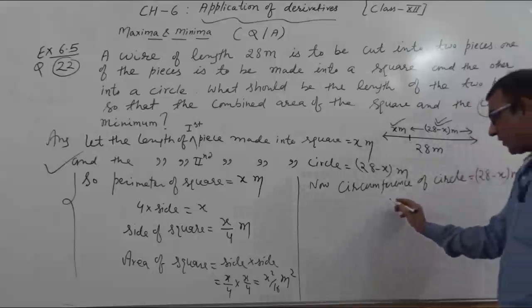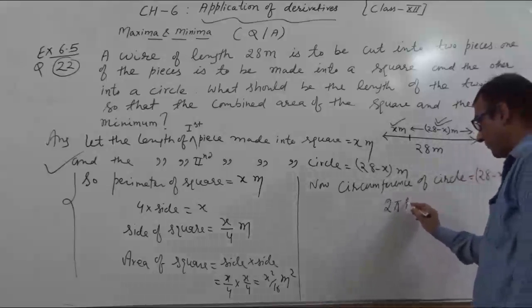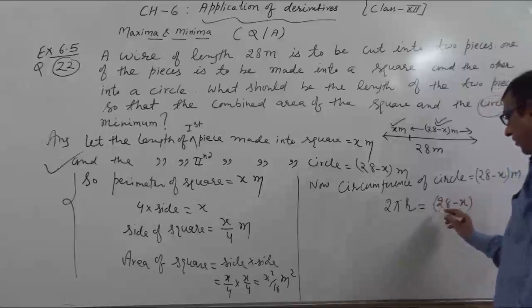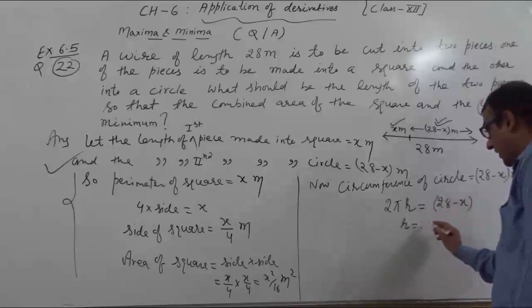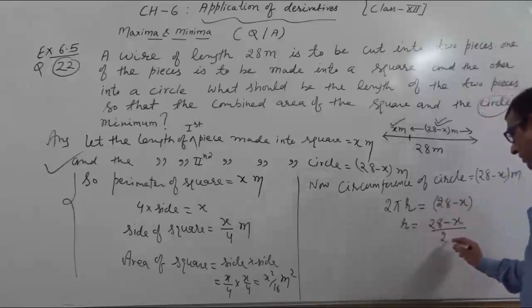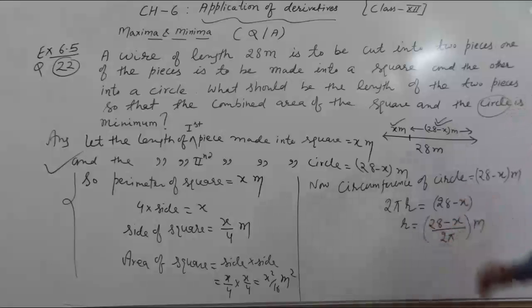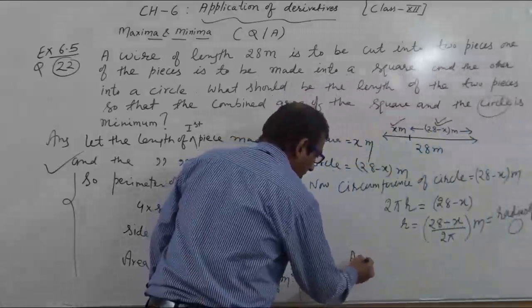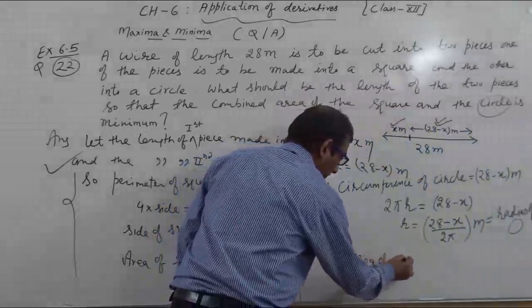So circumference of circle, 2πr, equals 28 minus x. So the value of r is (28 minus x) upon 2π, in meter. So this is the radius of circle.